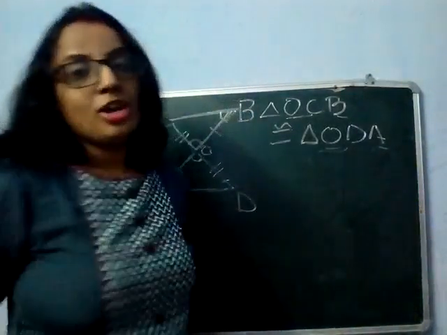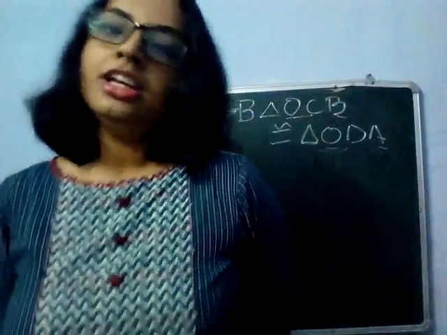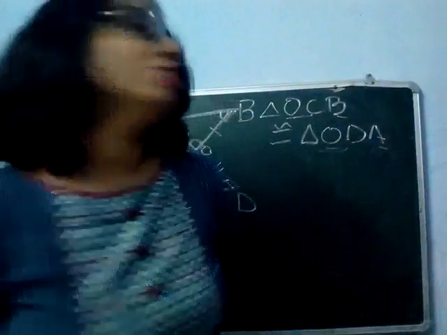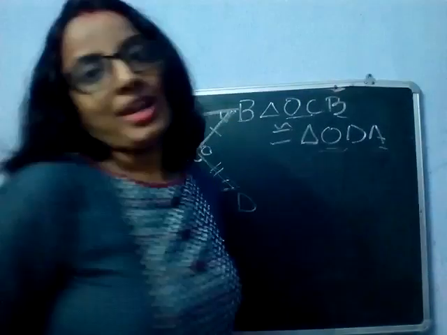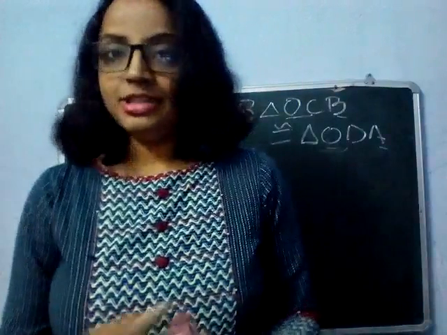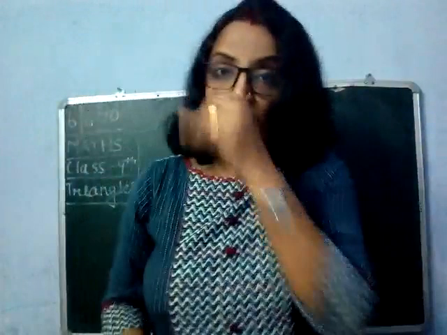By the property of parallel lines, if two alternate angles are equal, then the lines must be parallel. So these two sides are parallel. Okay, so now solve this as homework. Let's solve one more question.